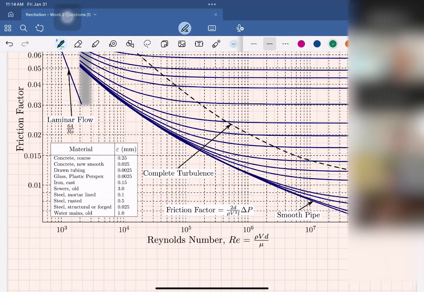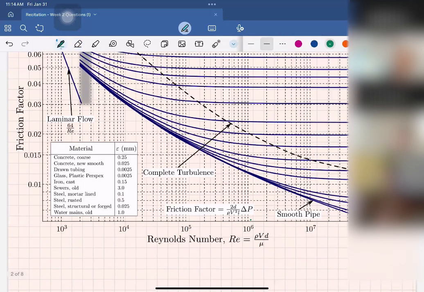Okay, we have 1.1 times 10 to the power of 6. It will be something like here. It's right here. And on the right hand side, we have E over D, which is 0.0004.